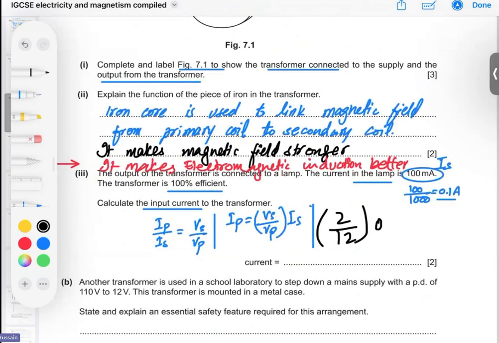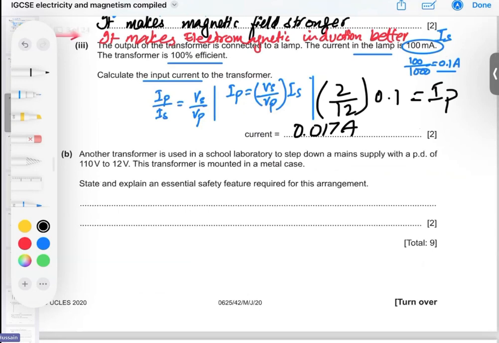Is is 0.1. So please can you calculate this and tell me the answer? 0.017. Perfect. 0.017 amperes.